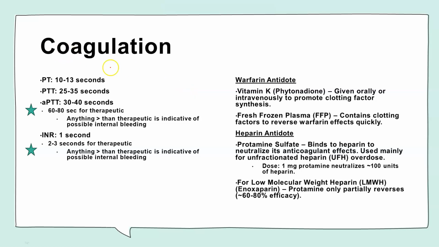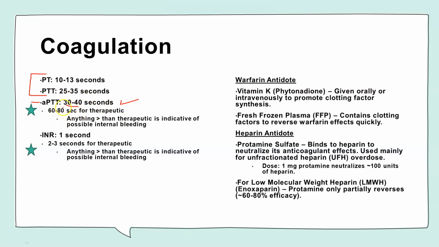Okay, for our coag studies, PT, PTT, they're okay. We don't typically look at those a lot, but we do look at the APTT, the activated partial thromboplastin time. That normal is going to be about 30 to 40, and that's for me and you. We should be somewhere around there if we were to have our coag studies drawn.